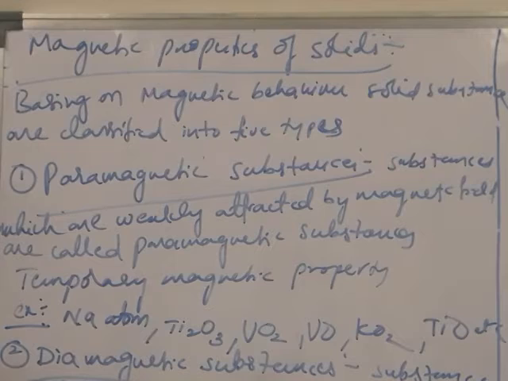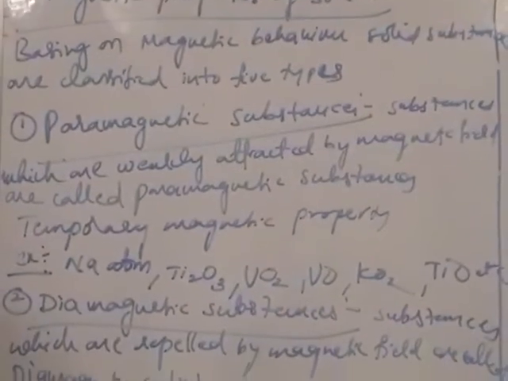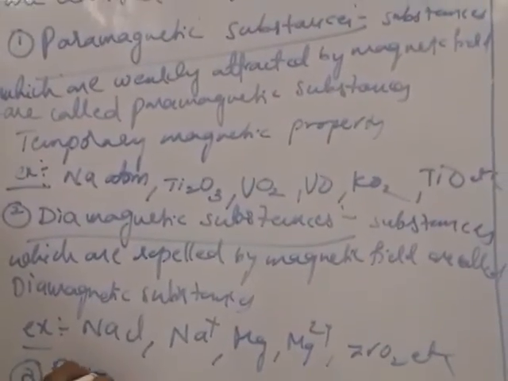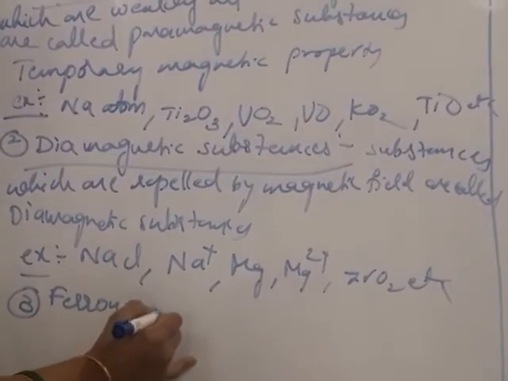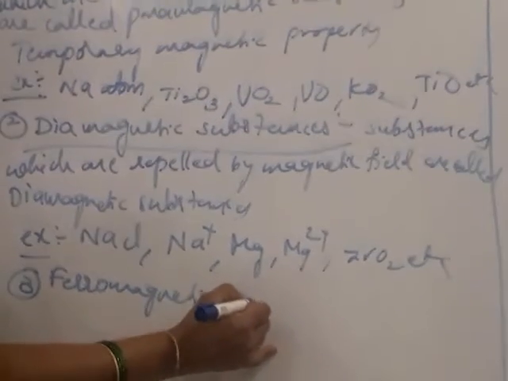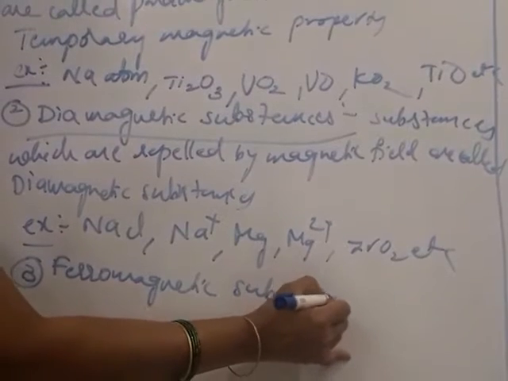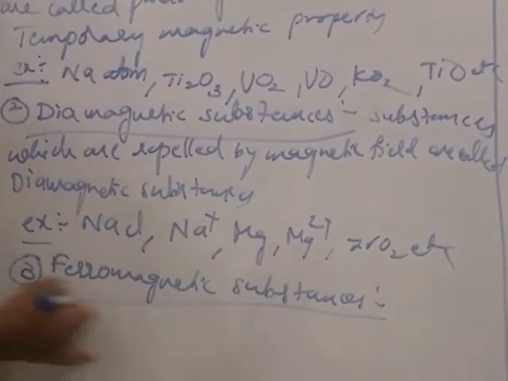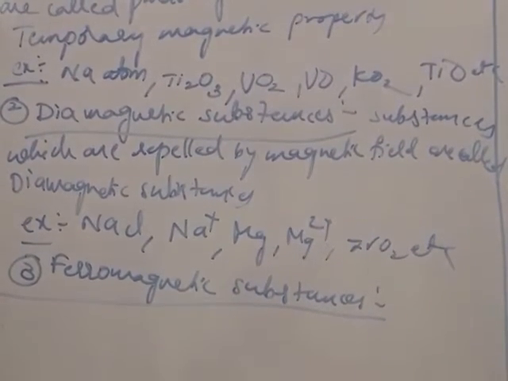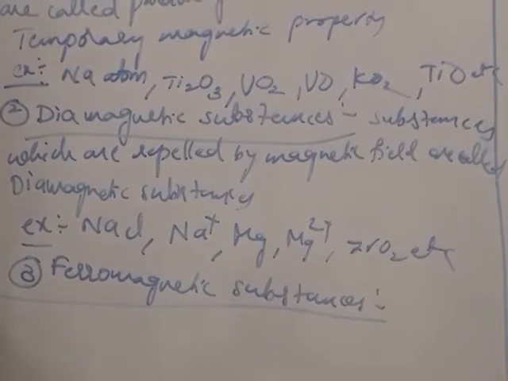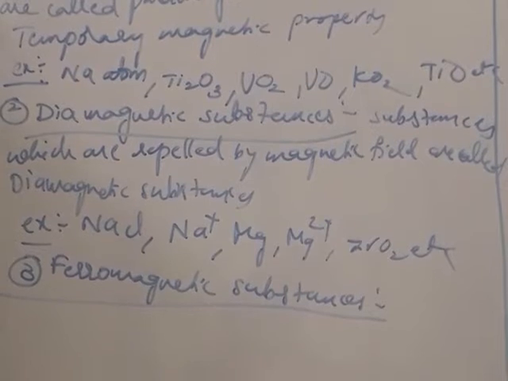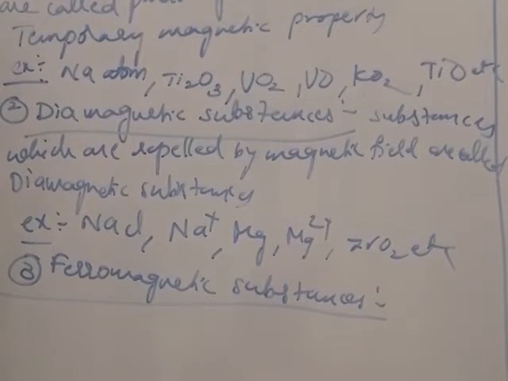Okay? Next coming to ferromagnetic substances. So ferromagnetic substances show large magnetic moment. Why? Because ferromagnetism is a permanent magnetism.